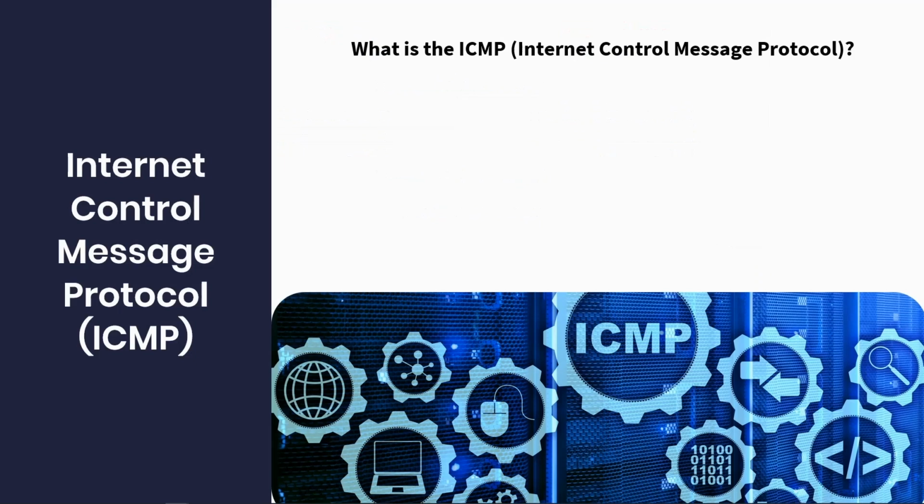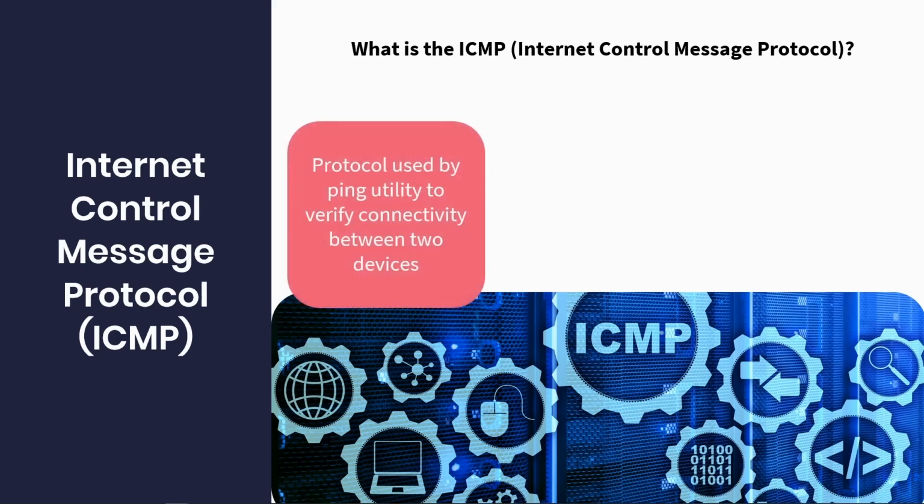Now, for us to be able to establish connectivity, both connected devices have to communicate with each other. When we look at the ARP message in Lesson 8, we will use the Internet Control Message Protocol ping echo request to generate traffic between two connections so that we can explore the ARP request in more depth. So what is the ICMP, Internet Control Message Protocol? As we've just mentioned, the ICMP is a protocol that is used by the ping utility to verify connectivity between two devices.